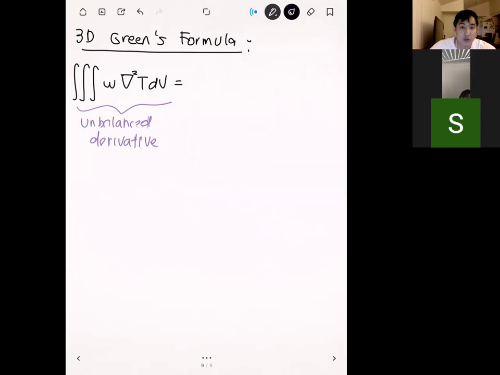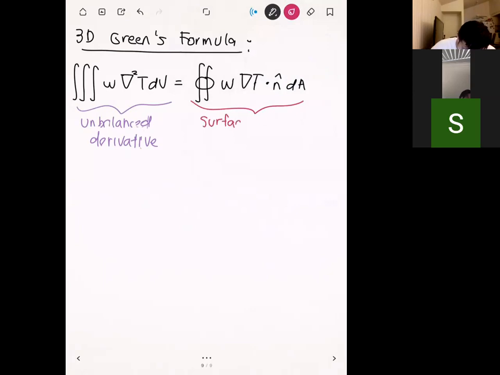And so what this is going to be equal to is there are going to be two integrals on the right. The first one is going to be a surface integral. And this right here is a surface integral, and it is going to be integrated on the boundary of the volume.